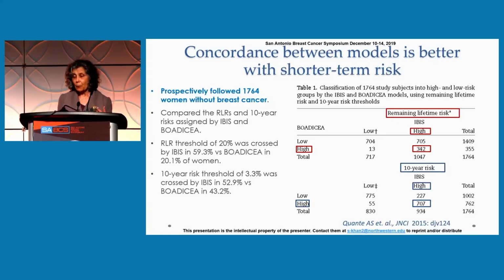When we look at the upper boxes in the red, the high-risk group was concordant between Bodacea and IBIS in 342 of these 1,400 women when it's calculated over the lifetime. But over the 10-year risk, the concordant number actually doubles because that confidence and the accuracy of the short-term risk estimation is greater than the very long-term risk estimation.